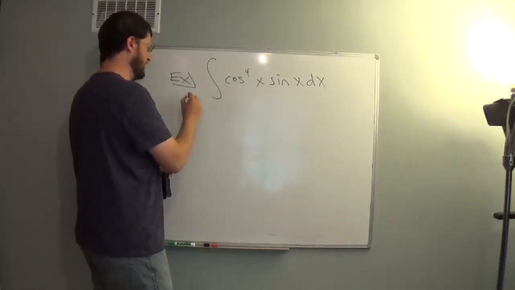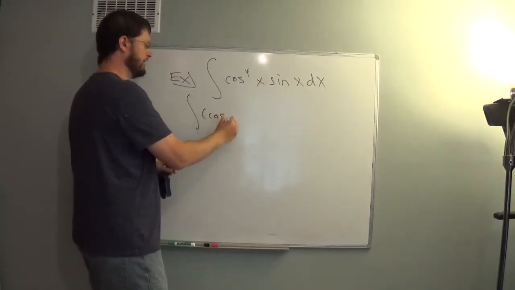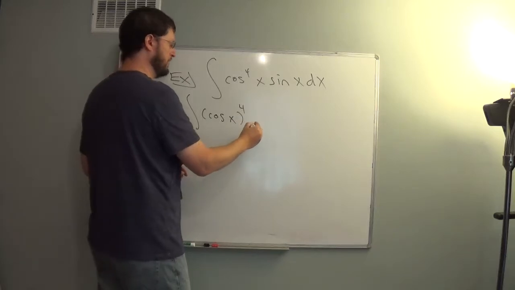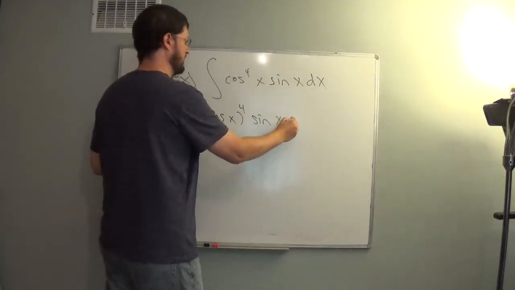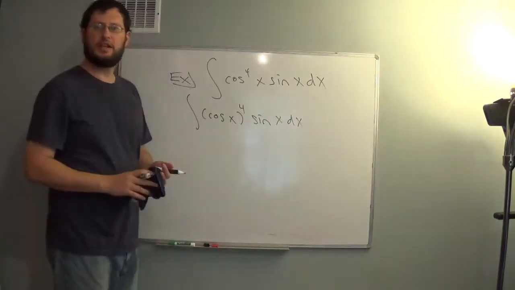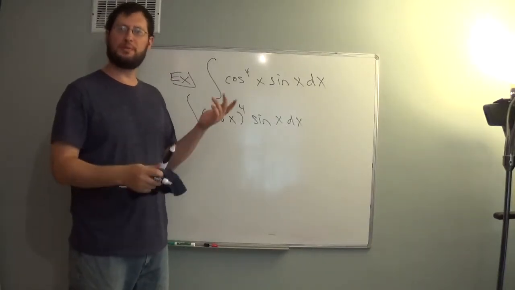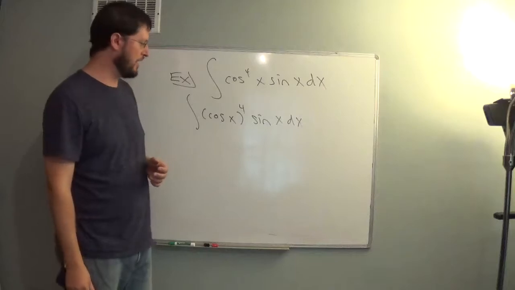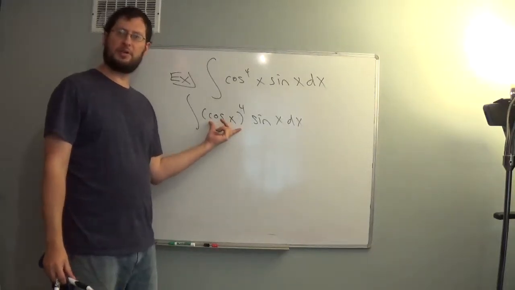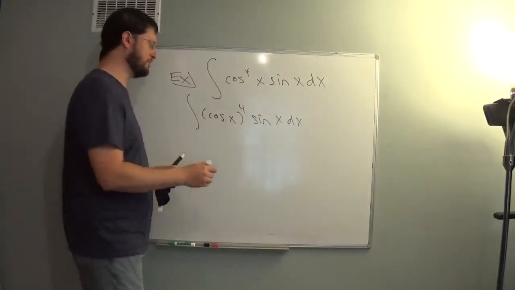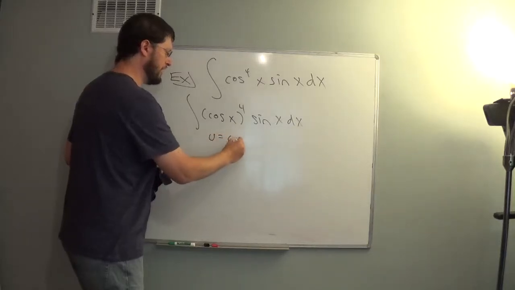It really means cosine x raised to the 4th power. So if we're going to use a U substitution, our first things to try should be what's in the parentheses, what's in an exponent, what's in the denominator. Well, cosine x is what's in the parentheses, and we're going to try that.